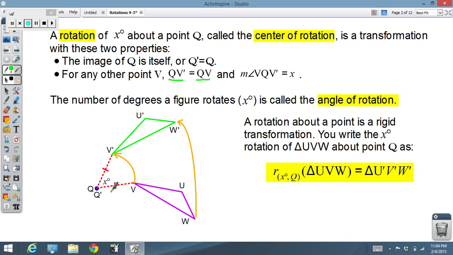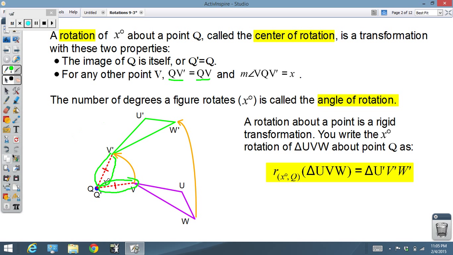So these two lines have to be congruent. A positive degree measure is usually in a counterclockwise direction. The lines are congruent, and every point rotates by that same amount x.